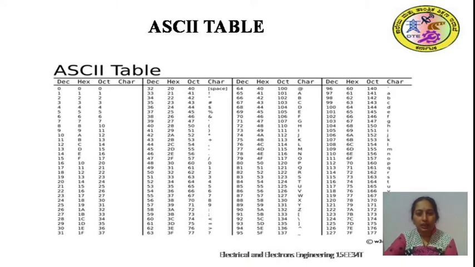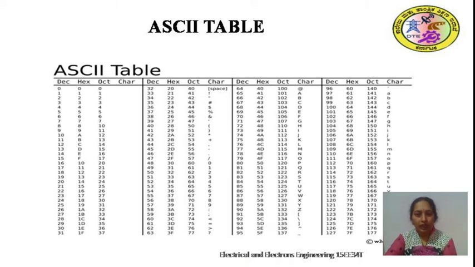Here we can see the ASCII table. Okay, in this ASCII table we have 4 columns. One is the decimal value of the code. The next column represents the hexadecimal equivalent of that number. The third one is the octal equivalent, and the last one is the character. This shows which character is represented by this particular code.